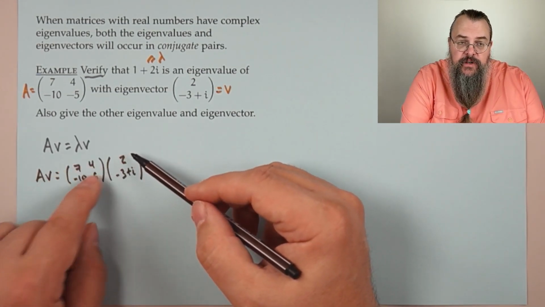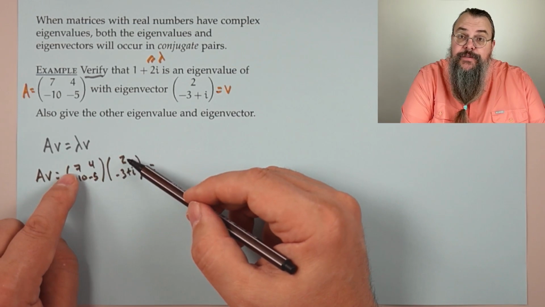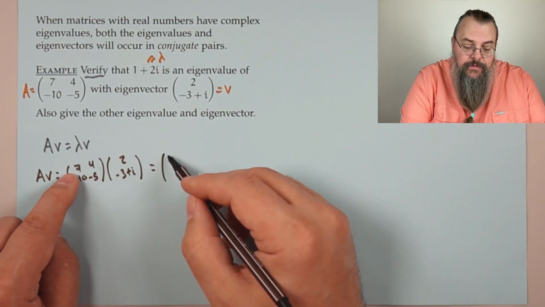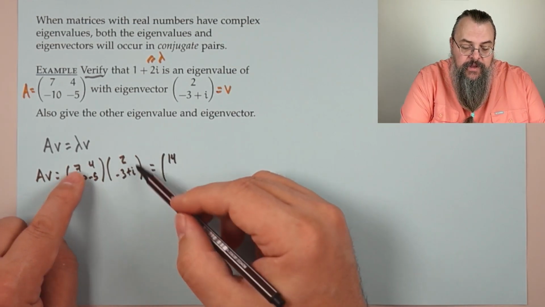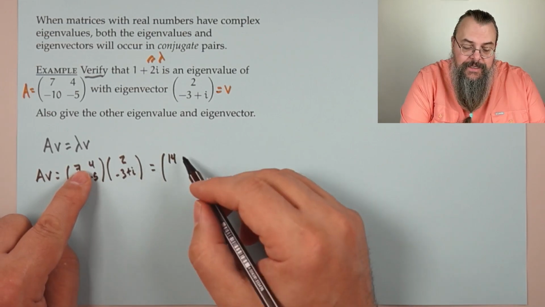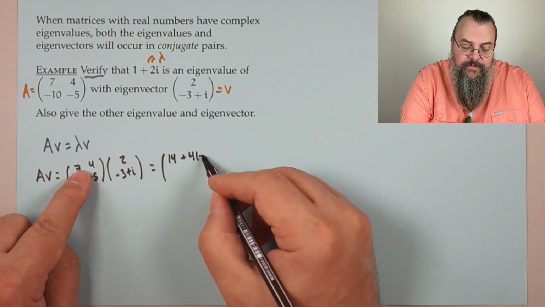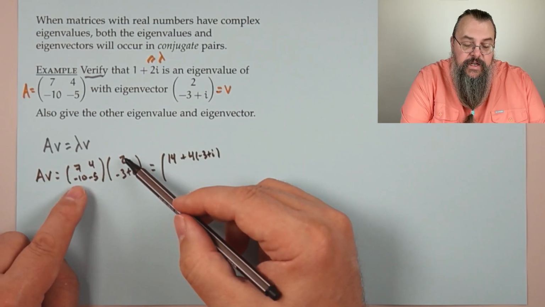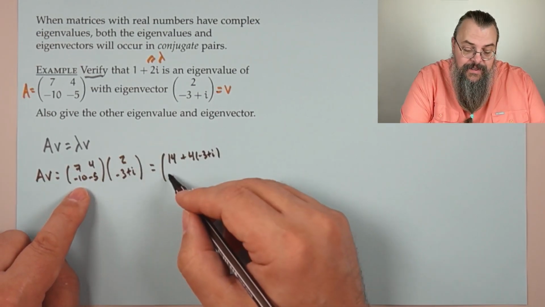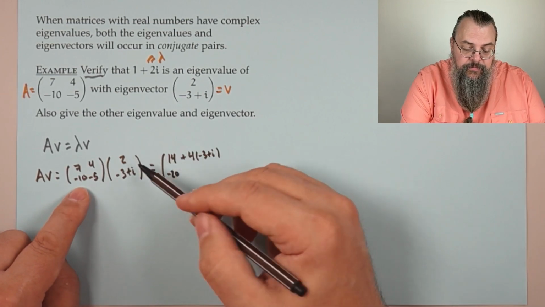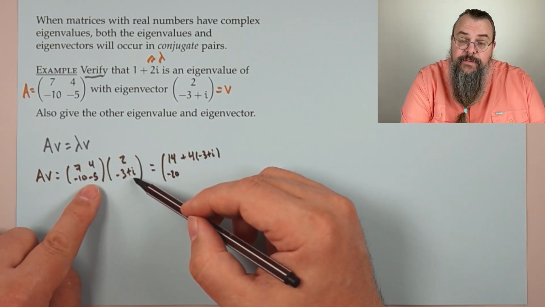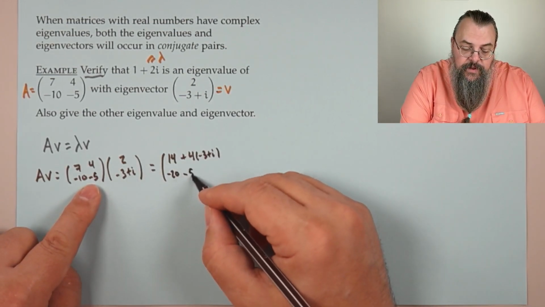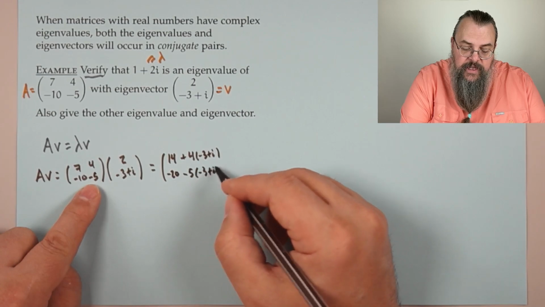You go along the row while you're going down the column. 7 times 2, 14. 4 times (-3 + i). Well, let's just write that as 4 times (-3 + i). We'll come back and simplify that in a second. All right, 2 times negative 10, negative 20. Negative 5 times (3 + i)... well, again, we'll go ahead and work on that in a second.